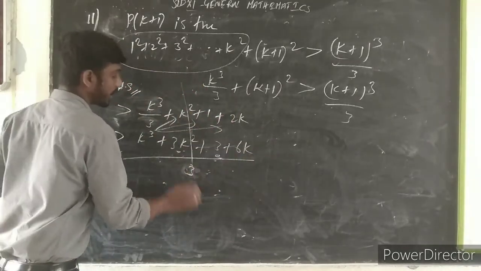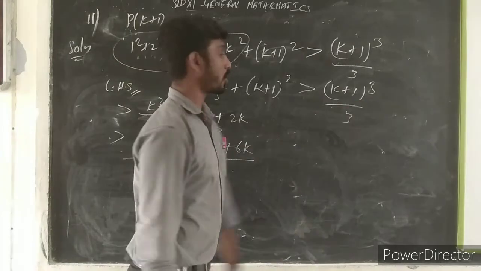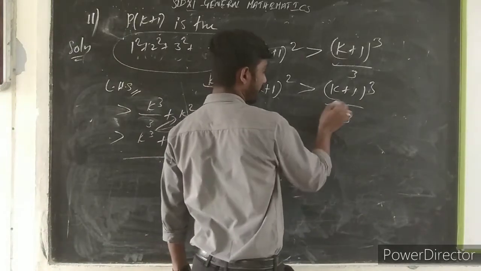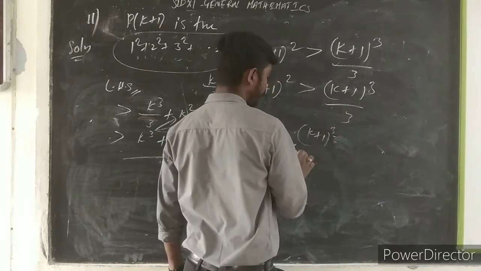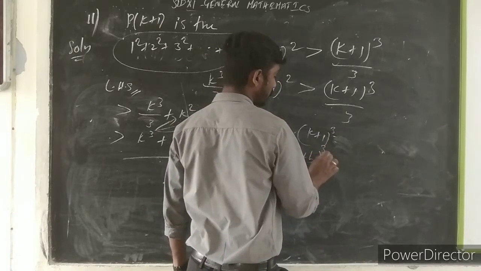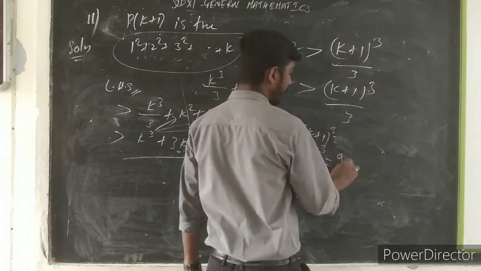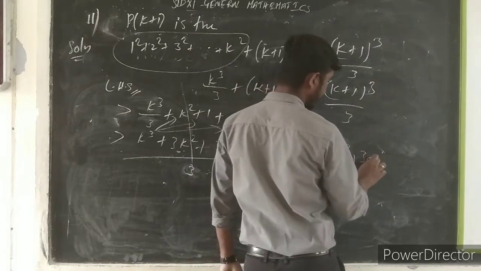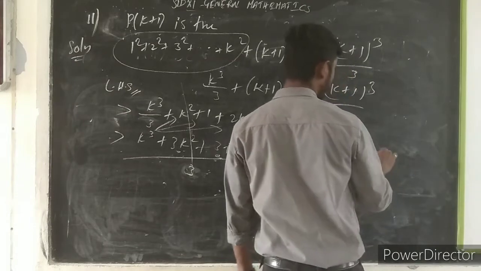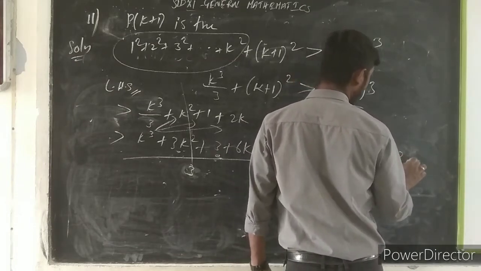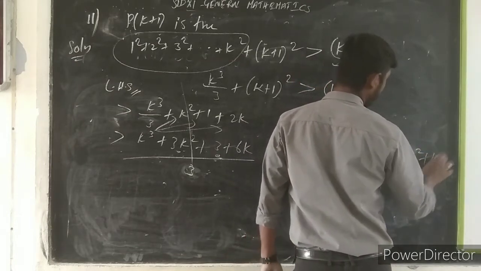This value will be greater than that value, because if we abbreviate k plus 1 the whole cube, it looks like a plus b the whole cube, which is a cube plus 3a square b plus 3ab square plus b cube.